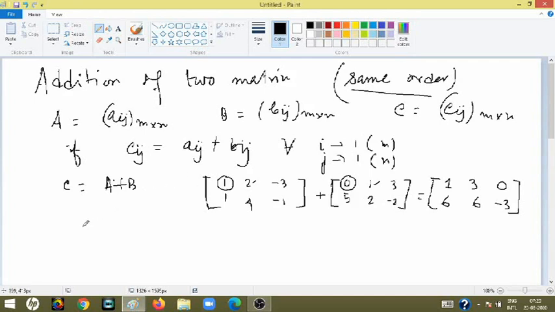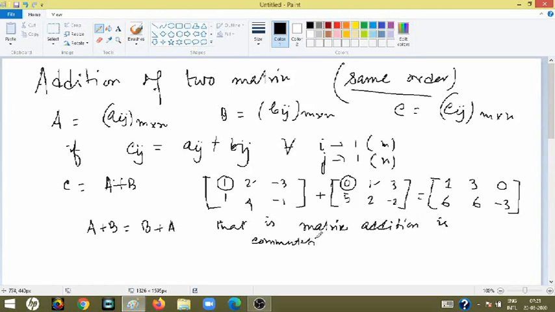Now it will be observed that A plus B equal to B plus A, that is, matrix addition is commutative. And we may also say A plus B plus C equal to A plus B plus C with grouping changed, that is, it is also associative.